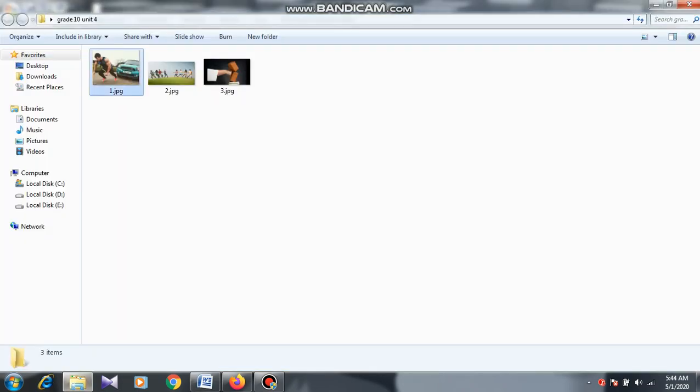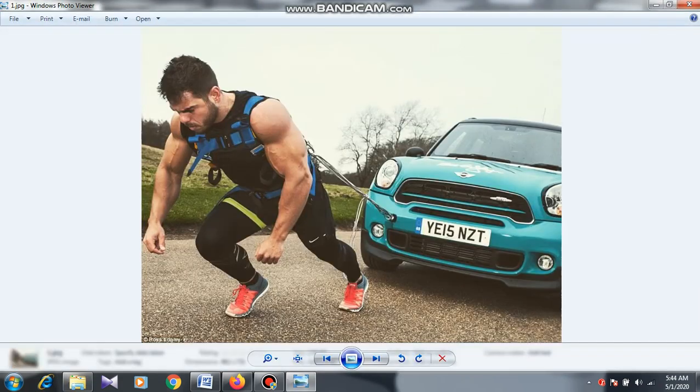Now this man, all of you can see, is pulling this car, applying a force. If the car moves, if there is a change in the car because of the force he applies, it is an unbalanced force.